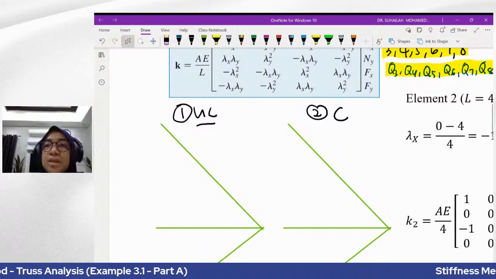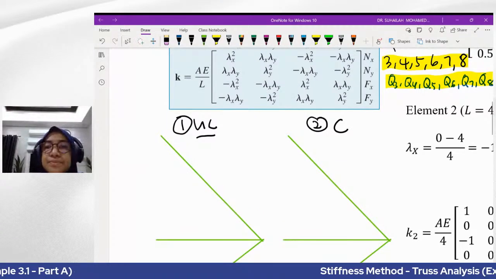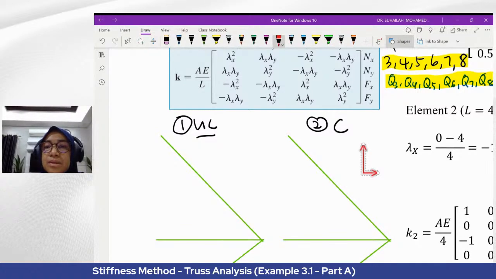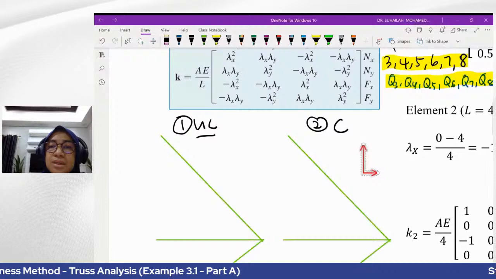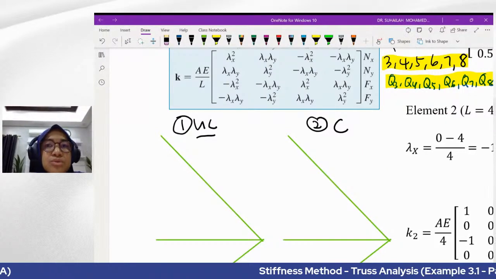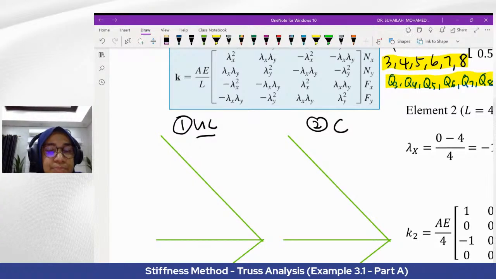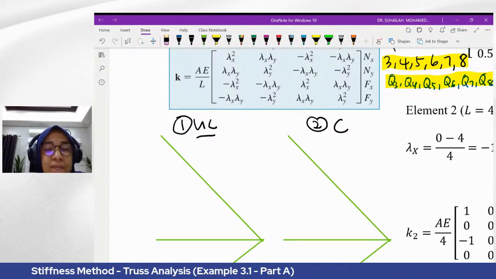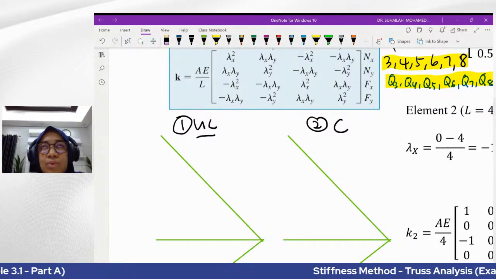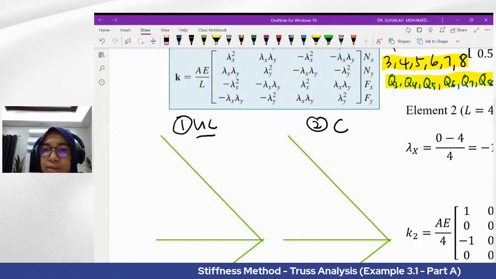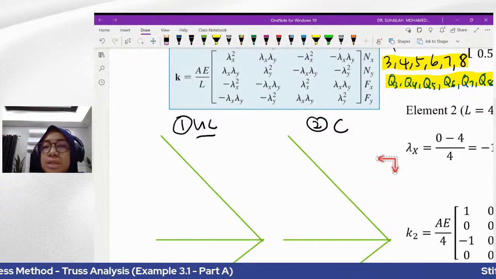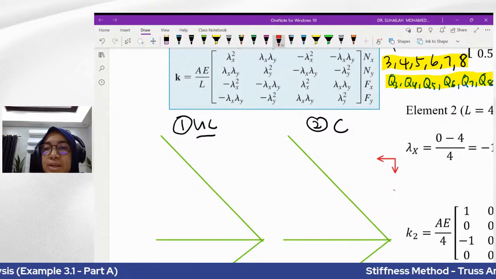Okay, again. I will use this to draw the degrees of freedom in the x and y components. They must be in the right direction for x and the y direction for y, and it should be in the opposite direction.